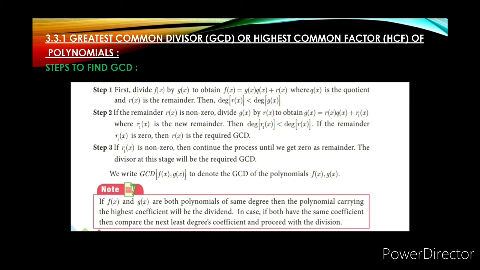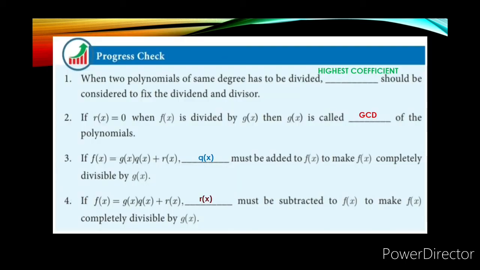Let us see progress check based on GCD and LCM. Progress check: when two polynomials of same degree has to be divided, dash should be considered to fix the dividend and the divisor.